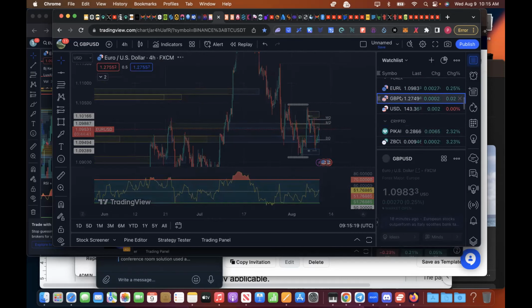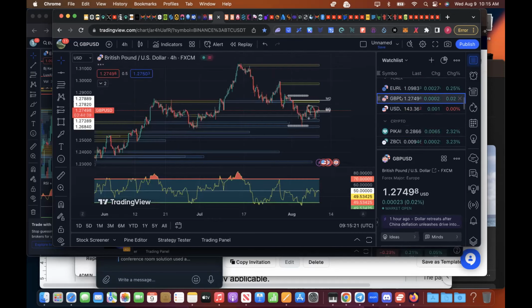So let's look at GBP USD. Okay, GBP USD. Yeah, I think GBP USD is interesting. That means you want to wait to see a confirmation from where it is now, because this is the moving average, which I don't like trading to.